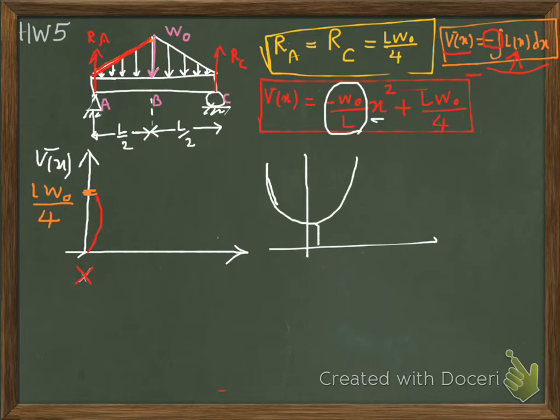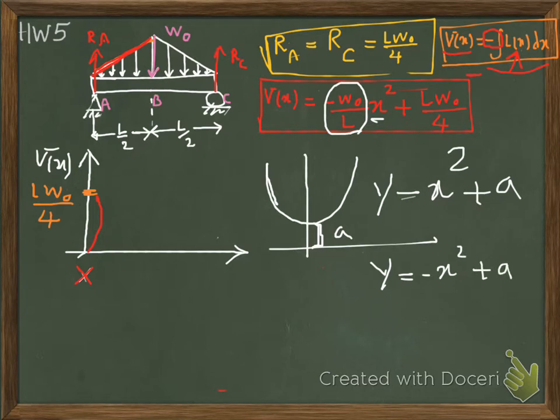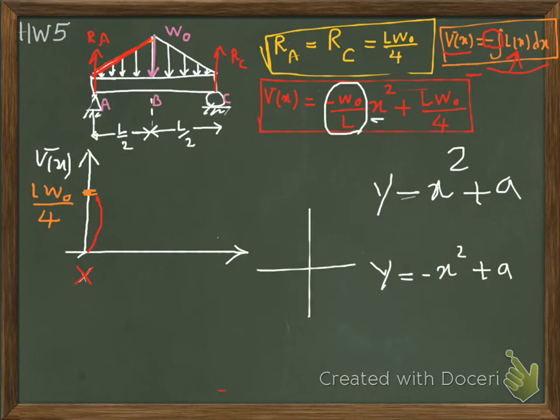If that intercept has an amount of a, this curve would be something like y equals x squared plus a. If I were to plot y equals minus x squared plus a positive number, what it would remind me of very quickly is that it has this kind of general form.